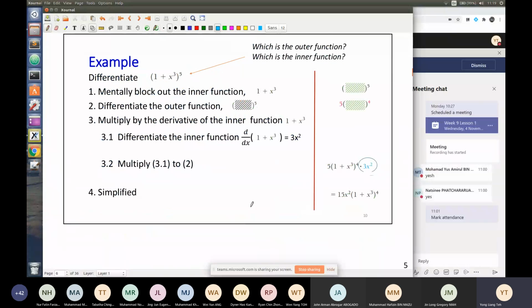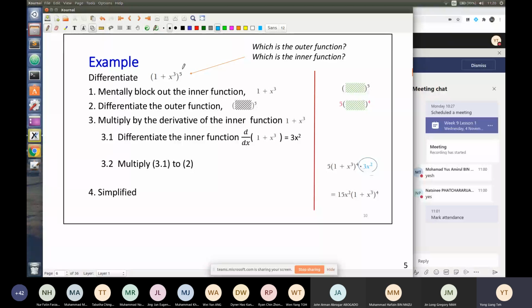Let's say we are supposed to differentiate (1 + x cubed) to the power of 5. Some of you may argue that of course you can expand this using binomial expansion, and yes, indeed you can. But because this is power 5, and any power of 3 or more is difficult to expand. Of course, if you expand it out, then you differentiate just using the power rule. You can do it, but it's not as elegant as using the chain rule.